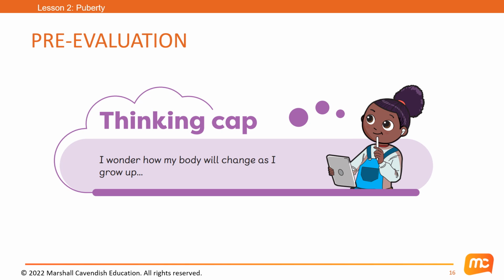Don't forget to open page 29 of the student's book. This is about thinking about how our body is going to change when we grow up. So you better think about it first.